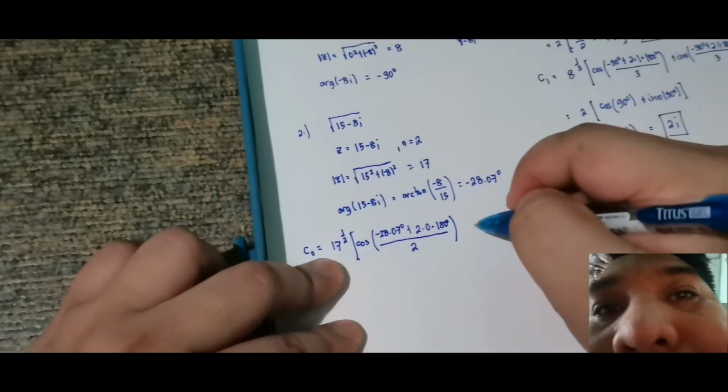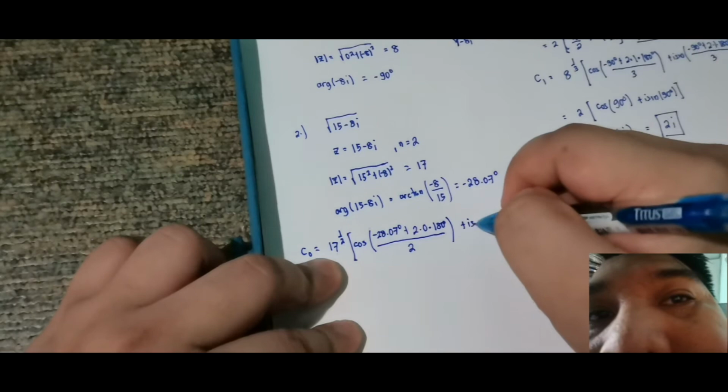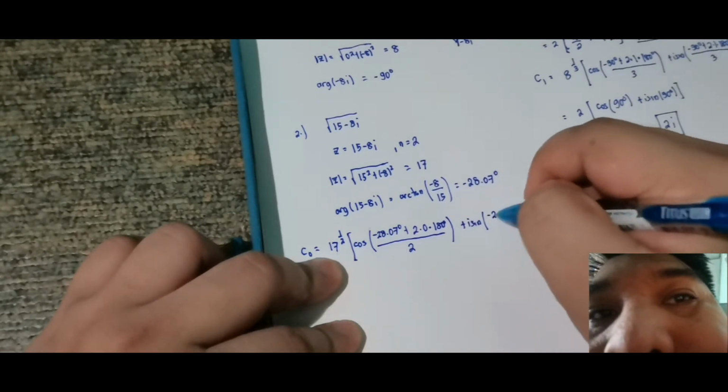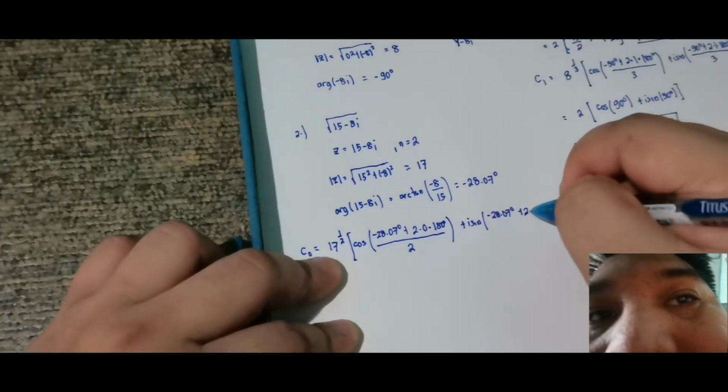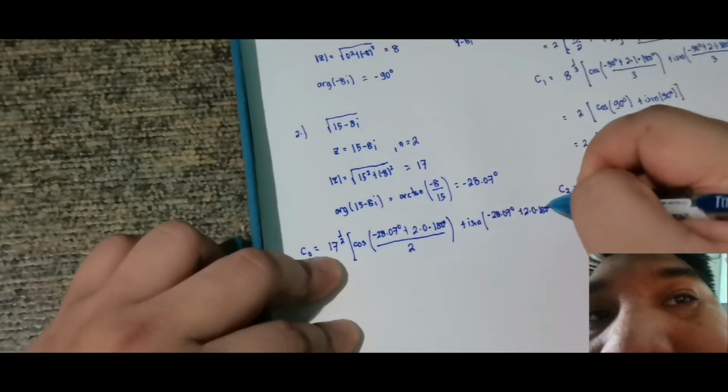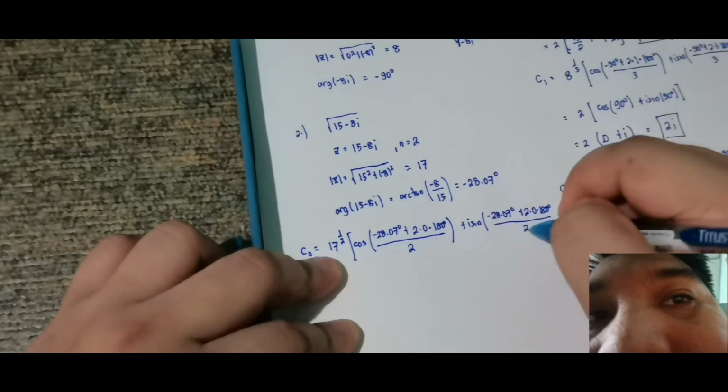Okay, kasi 2 lang naman yung n. So next is plus i sine ng negative 28.07 degrees plus 2 times 0 times 180 degrees all over 2.